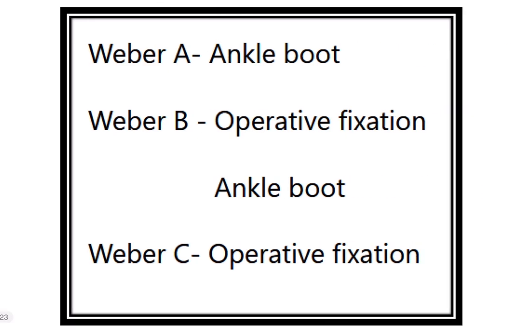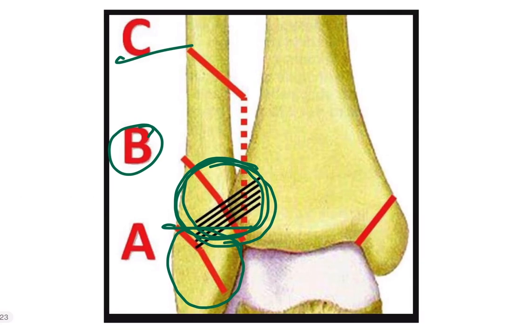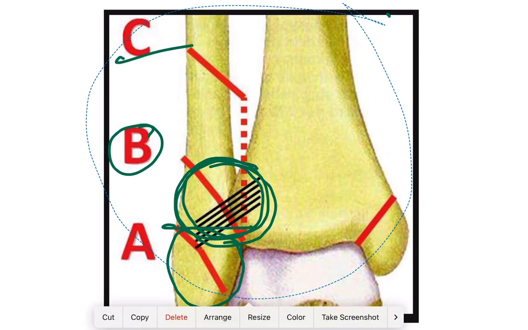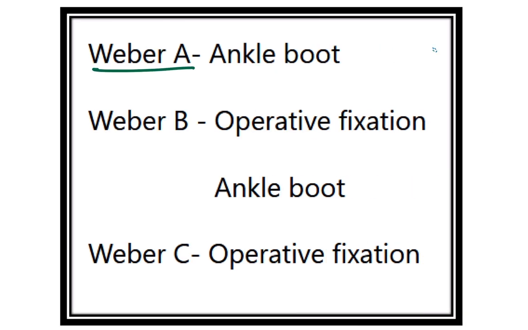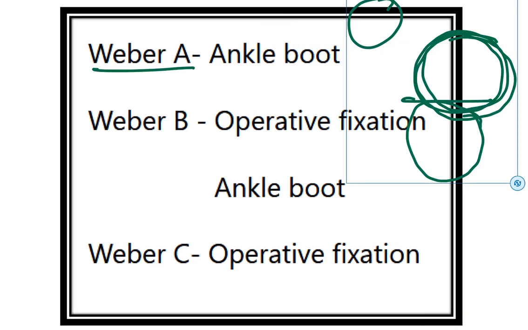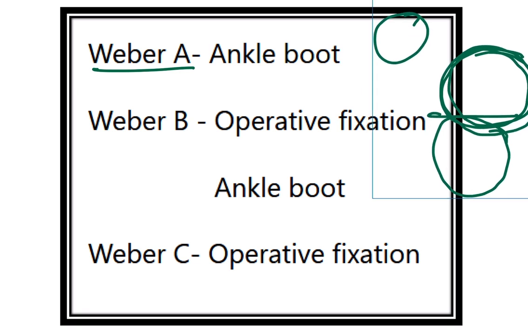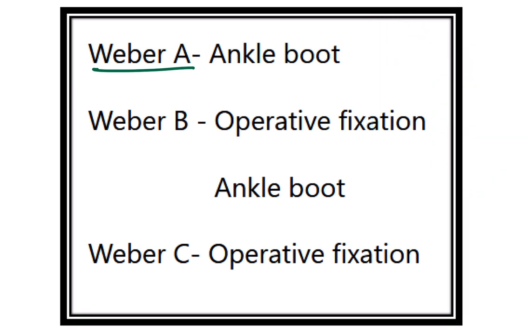So in case of Weber type A, that means when the fracture occurs below the level of the syndesmosis, then it is called Weber type A, and only an ankle boot is enough in this condition.